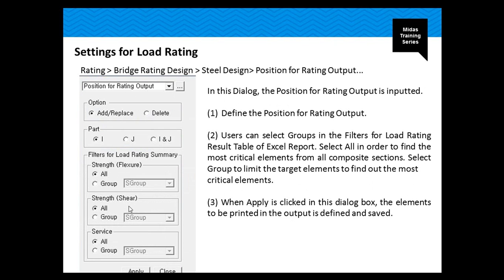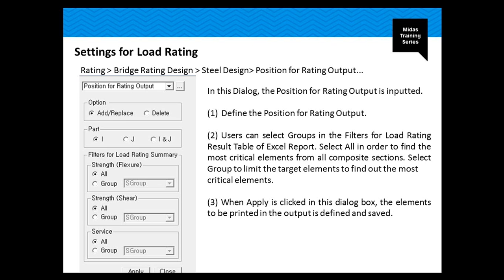We have an option for defining the position of rating output. In this dialog box, we have the option of telling the program where the location of the output that we want to assign is. That location of output is basically where the program is going to generate an Excel sheet for the load rating, and you can tell the program what the position of that output is.